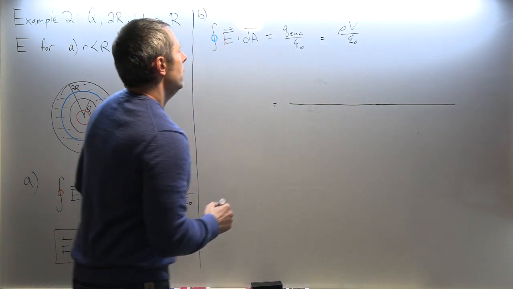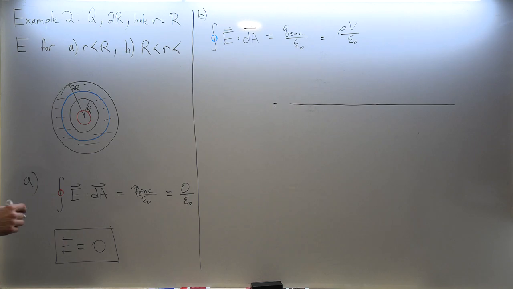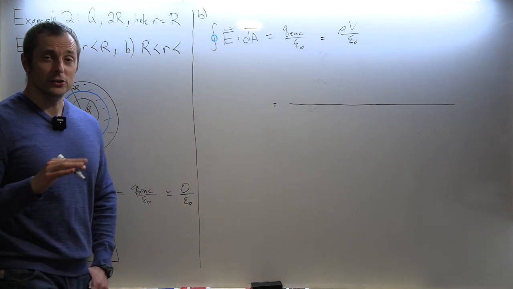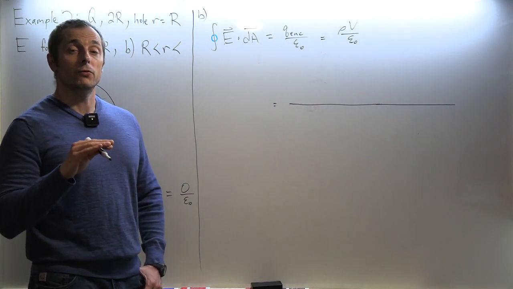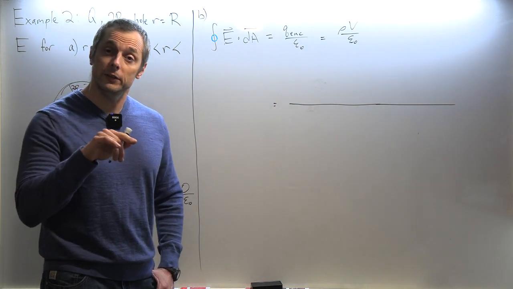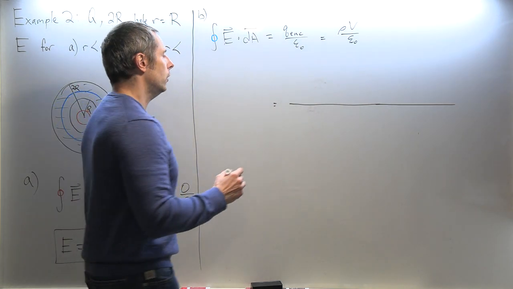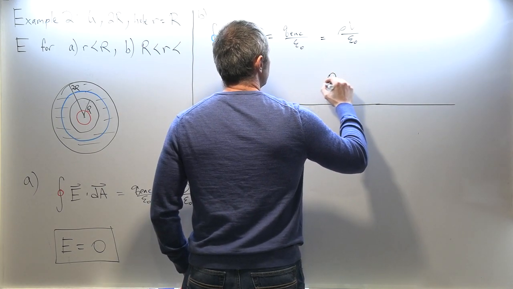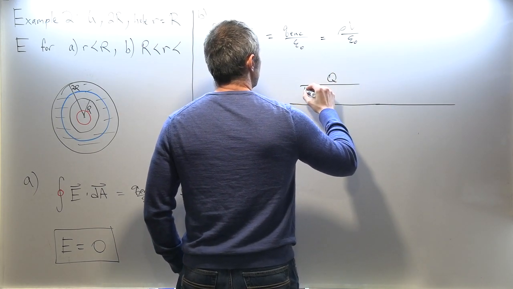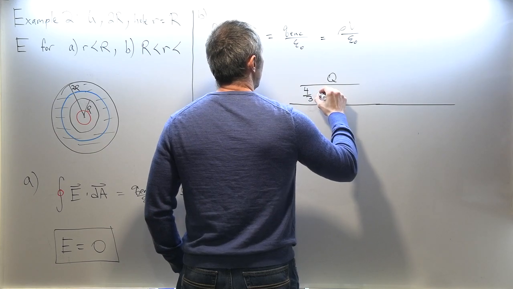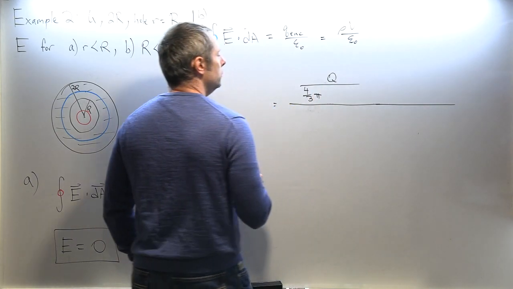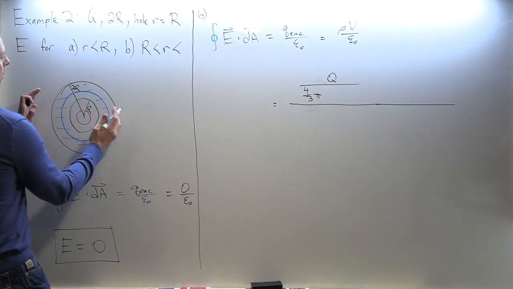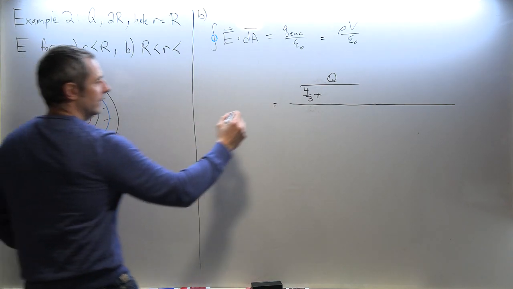What I need to do is figure out the total charge over the total volume of only where the charge is. So before I did Q over 4/3 pi r cubed, but the r is now 2r. So I go something like this.